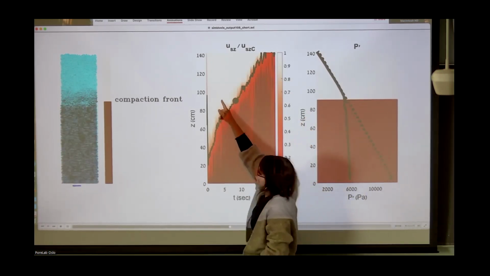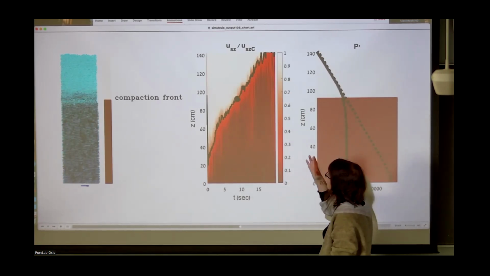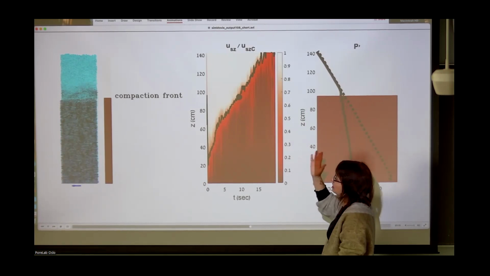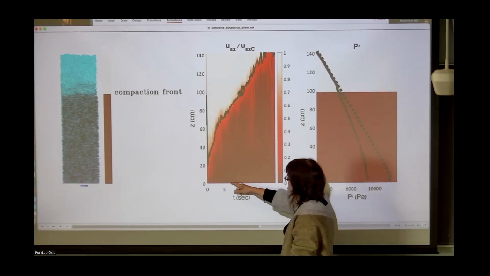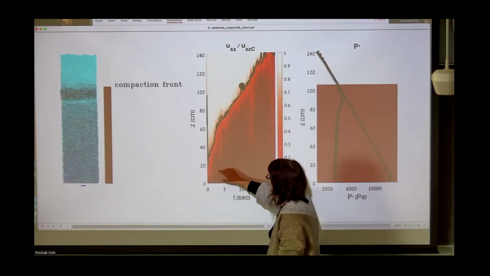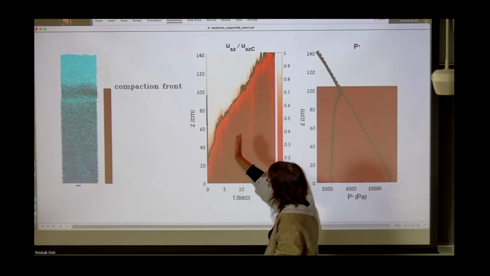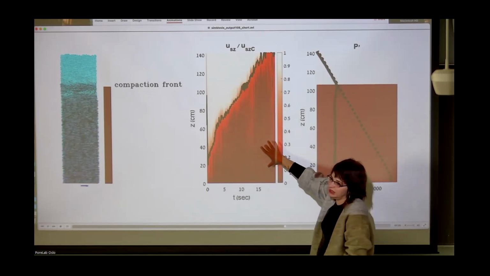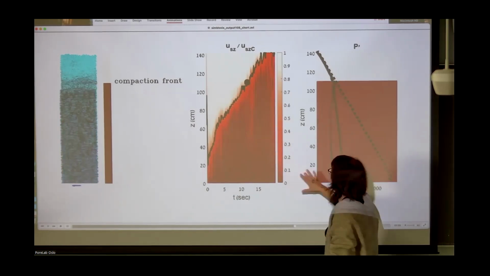And here it's scaled by this theoretical maximum velocity, which is due to the lithostatic pressure gradient. So you see that with time, we have a compaction front that has a velocity which relates to the slope of this going upwards, with a zone that is compacted at the bottom, and it gets fatter and fatter.